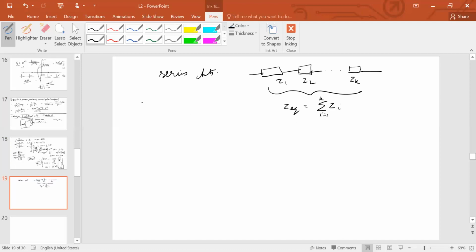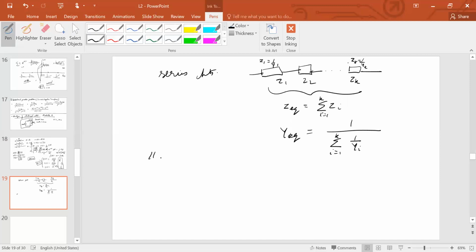On the other hand, if you're considering the admittances, Z1 is equal to 1 by Y1, and so on till Zk is equal to 1 over Yk. If you want to evaluate the equivalent admittance, it's given by this expression. These are some very trivial relations that you might already be aware of.